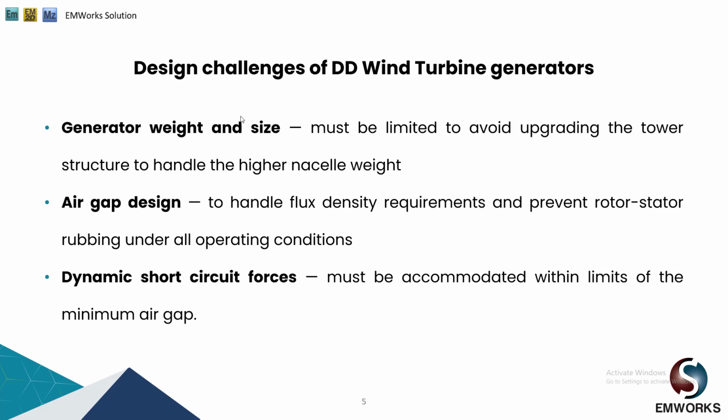The second challenge is to design the air gap to handle its flux density requirement and also to eliminate the possibility of the rotor and the stator cores rubbing against each other under any kind of operating conditions. Third is the dynamic short circuit forces, which need to be accommodated within the limits of the minimum air gap. EMWorks Motor Solution lets the user design a generator while analyzing its electromagnetic performance, thermal performance and structural performance.